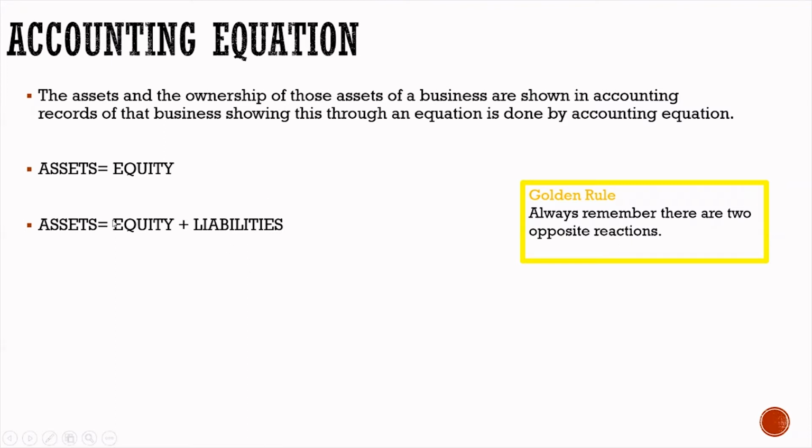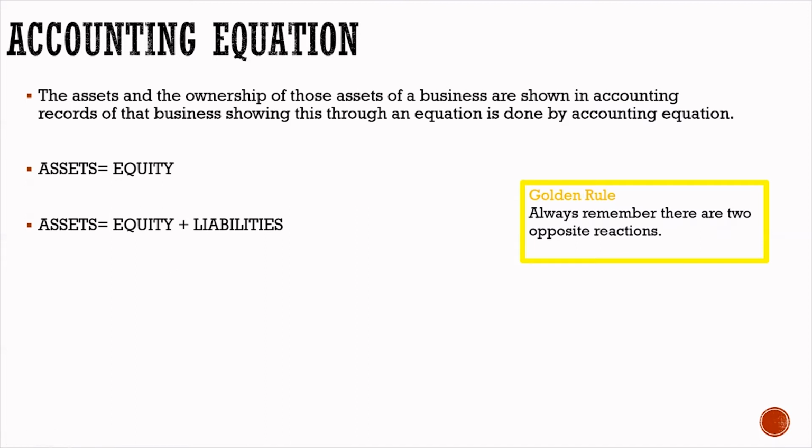So then assets will be equal to equity plus the liabilities. There's always a golden rule for you to remember. That is, there are always two opposite reactions in this, right? Whenever one side increases, the other side will have a similar effect.